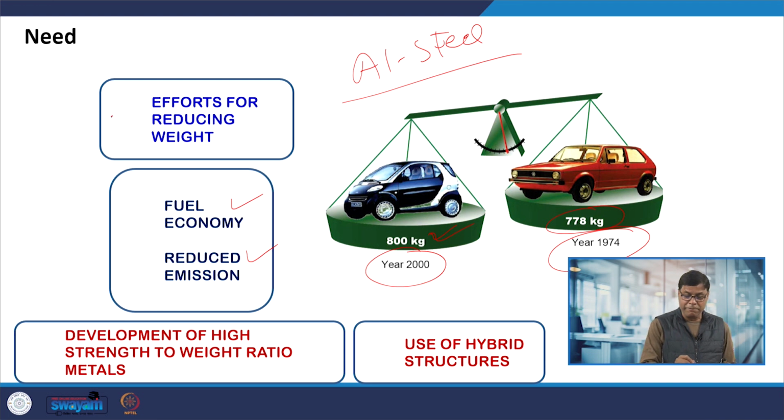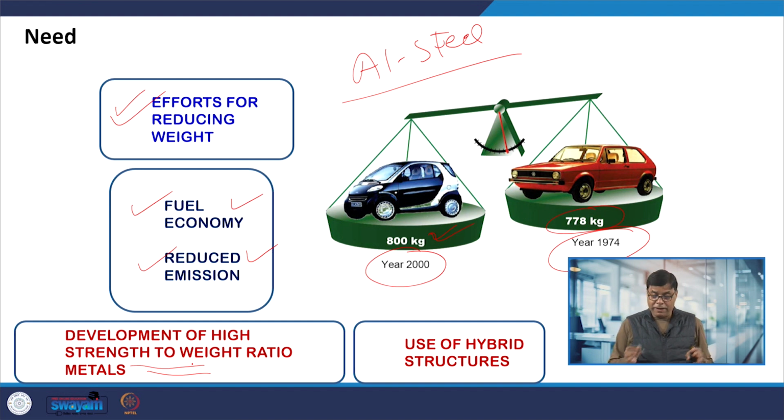So, efforts are basically targeted to reduce the weight so as to enhance fuel economy and reduce emissions, and therefore a lot of developments are taking place in making high strength to weight ratio metals. Another approach is combining a variety of metals as per the need of the application of a particular component, so use of hybrid structures.